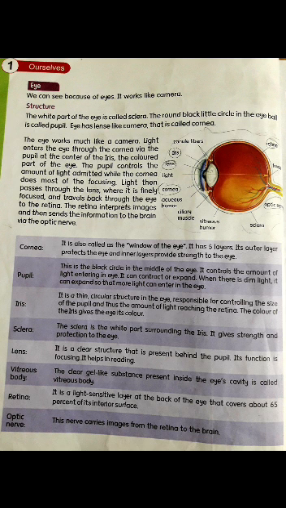In retina, the image is formed, and then the information of that image is sent through the nerve impulse or optic nerve to the brain, and then brain clarifies that image, and we come to know what things we are seeing or watching, the things which are in front of us. This was the structure of an eye and the working of an eye.